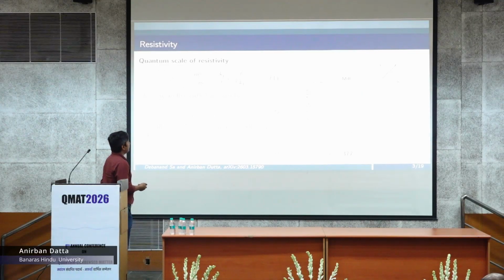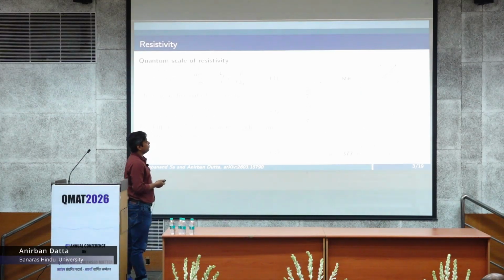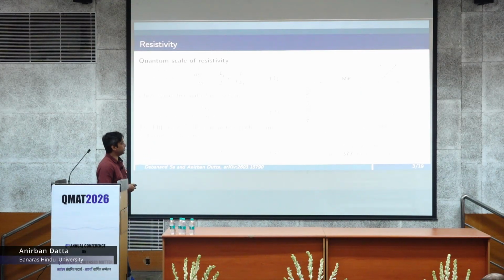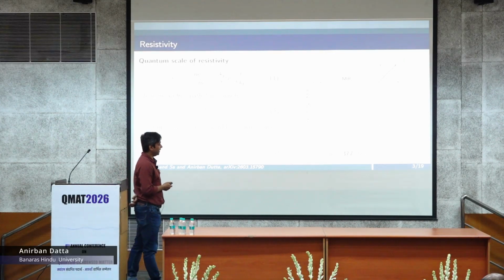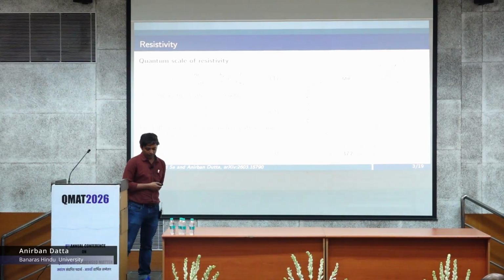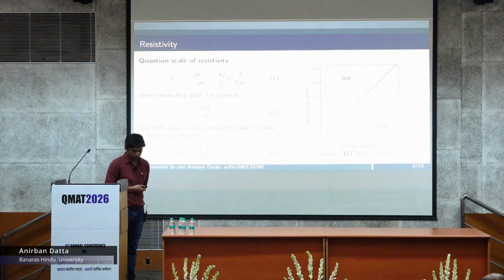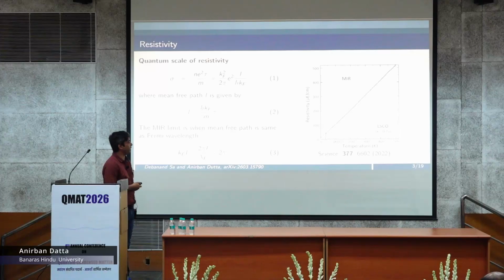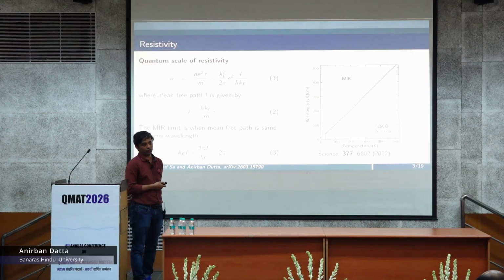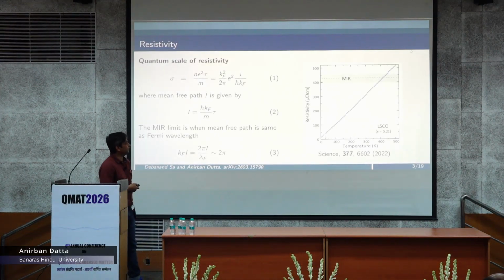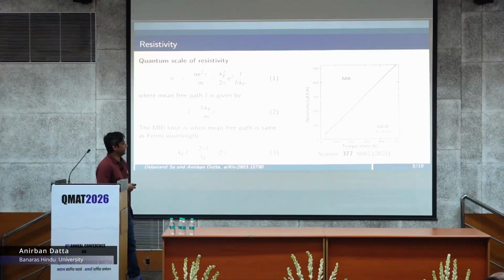This strange metal has the important property that it shows a linear temperature dependence in the resistivity data. From Landau Fermi liquid theory, we know the resistivity scales as T square, but in the strange metal it shows linear temperature dependence.